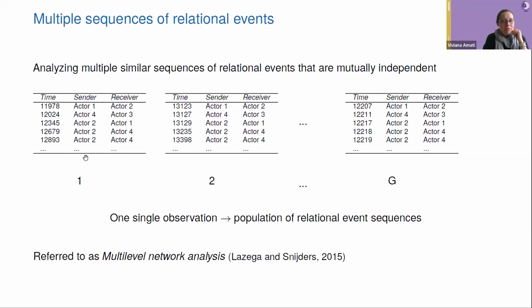And what we assume here is that we have a time, a sender and a receiver, which is the way we encode a relational event, and we repeat this observation over capital G groups. Then we can conceive every single observation as the outcome of a population of relational event sequences according to the paradigm that is defined as multilevel network analysis.